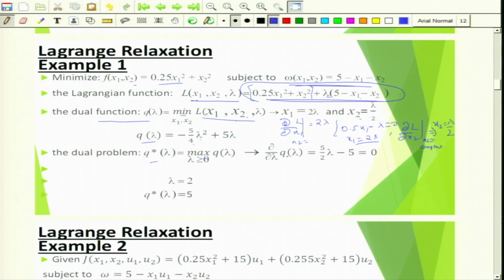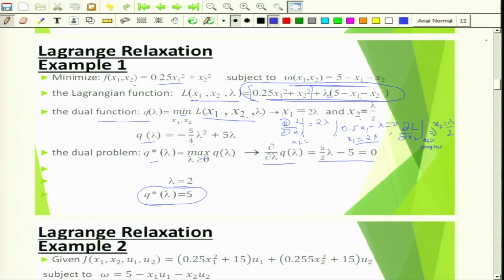So how do you get the maximum? You partially differentiate q of lambda with respect to lambda. Now, as I already told, you keep x1 and x2 constant, differentiate with respect to lambda, which is a variable, and then you obtain 5 by 2 lambda minus 5 is equal to 0, where lambda is equal to 2. Now you put lambda is equal to 2 in this expression, then q star of lambda will come out to be 5.